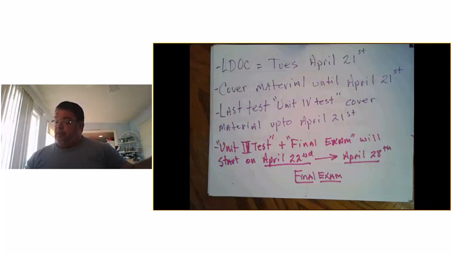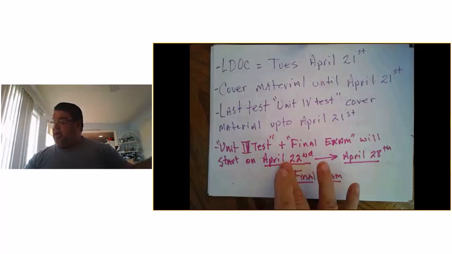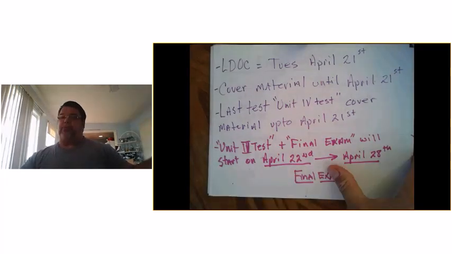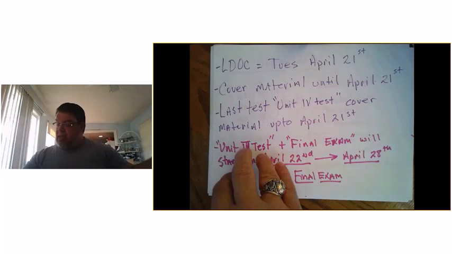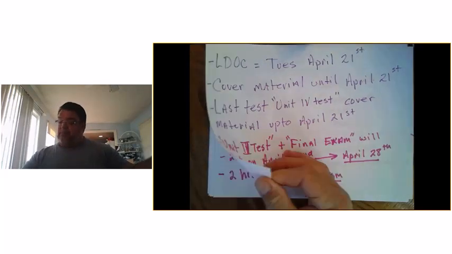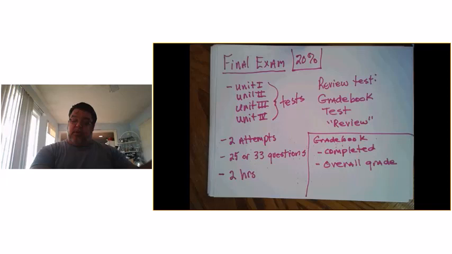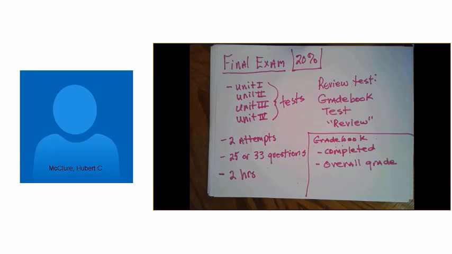The Unit 4 test and the final exam both will start on April 22nd and close on April 28th. The final exam will consist of all the material that I've covered, Unit 1 through Unit 4. You will have 2 attempts to take the test.